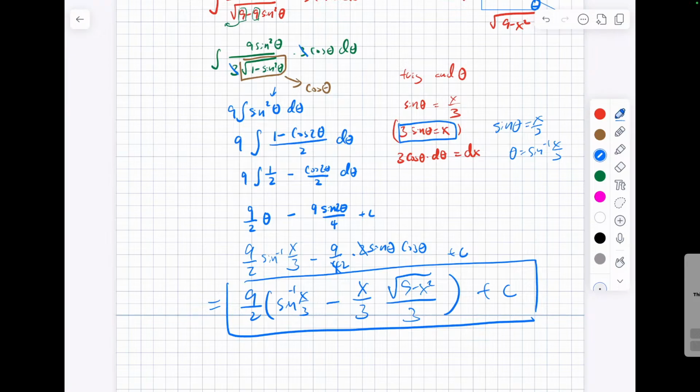Would you combine it together, or would it be fine to leave it? You can leave it like that, because 9 over 2 I factor out and then just solve for sine theta and cosine theta. Okay, so next question. Next question is actually not as bad. You want to try it? No, that's good.